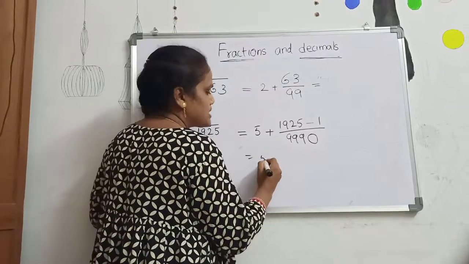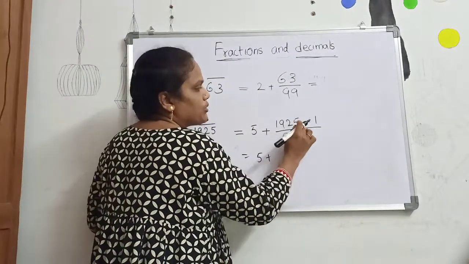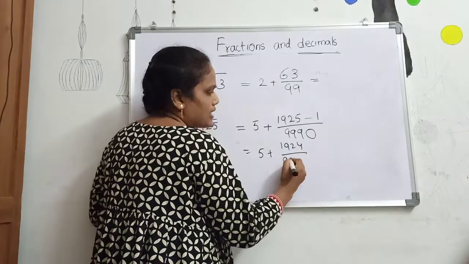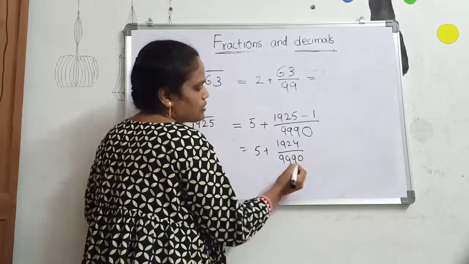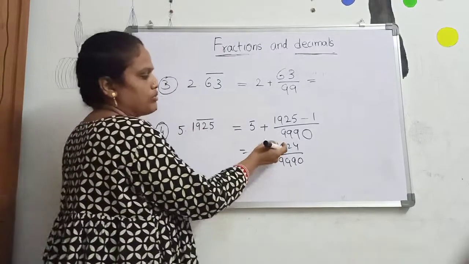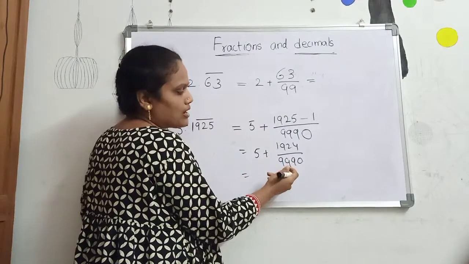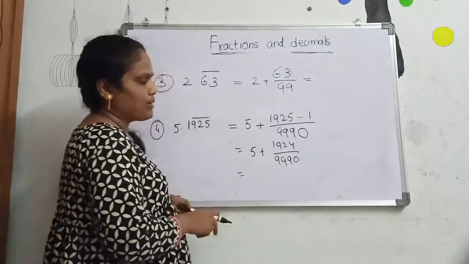So we do this sum like this: 1925 minus 1 means 1924 by 9990. We have to solve this. This is a simple fraction, we can cancel it anywhere and add the 5 plus.